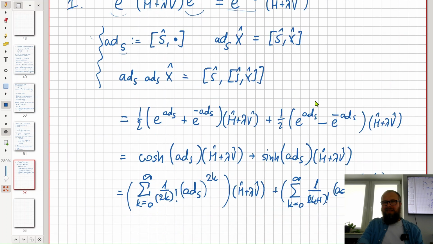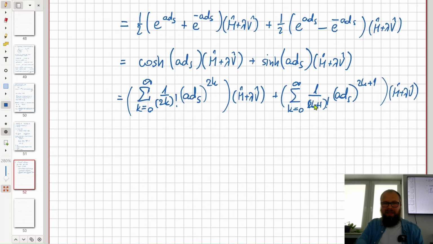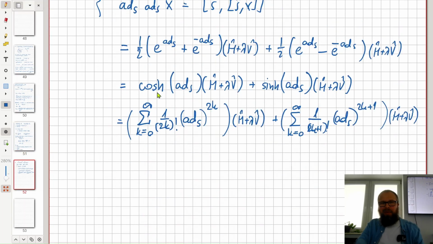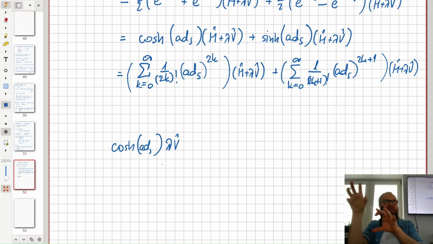So, having said that, we can figure out that the hyperbolic cosine, so even powers of the adjoint, acting on lambda V, which itself is block diagonal in the space of the unperturbed Hamiltonian. Okay.